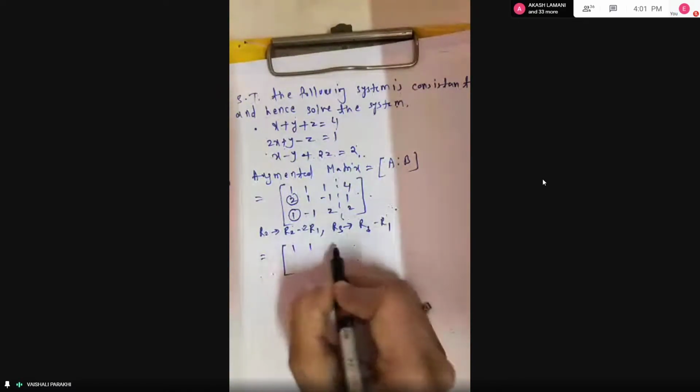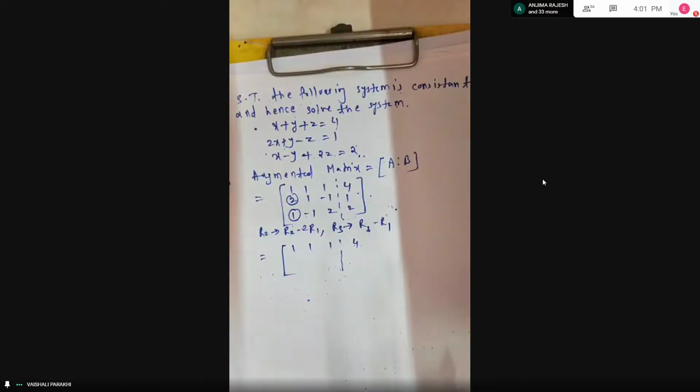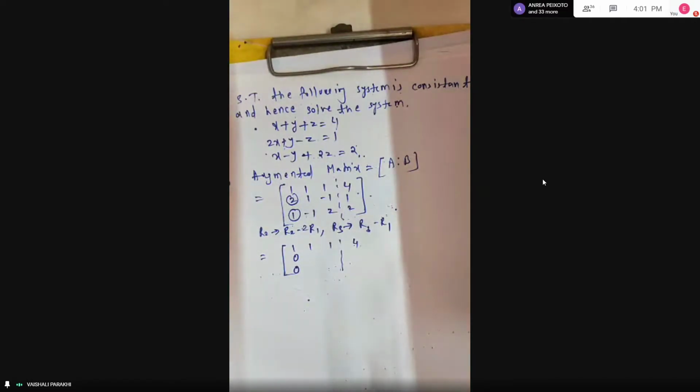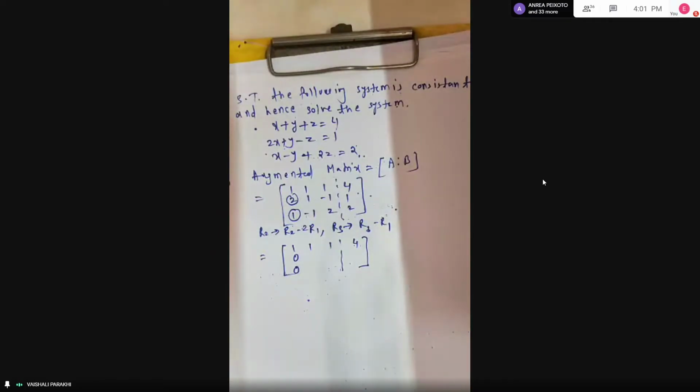Okay, so these are the simple transformations which you are doing in the next step. So first row we are not changing because nothing is added or subtracted in the first row. Now this 2 minus 2 is 0, 1 minus 1 is 0. Now you are going to complete this matrix with the transformation. So complete this first. Complete these two rows, please. You have done it already?